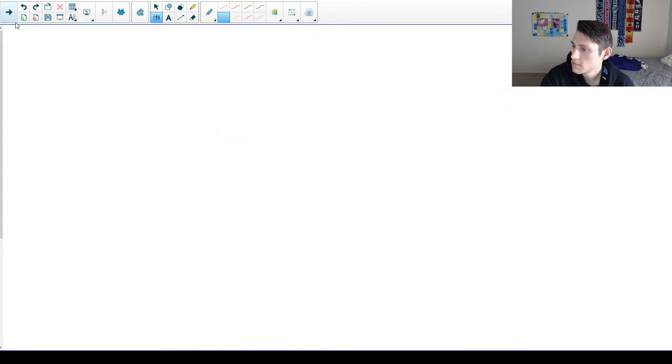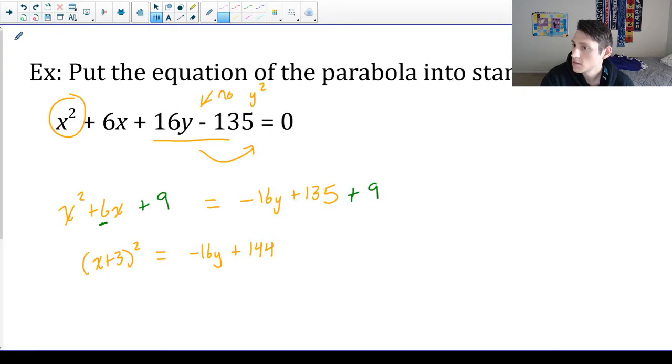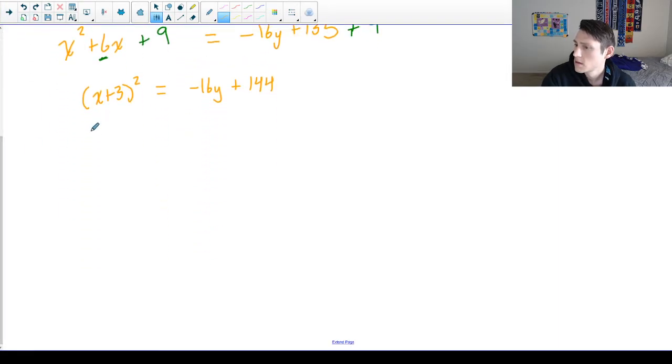So I'm going to factor out this negative 16. 144 divided by negative 16, that would be minus 9.